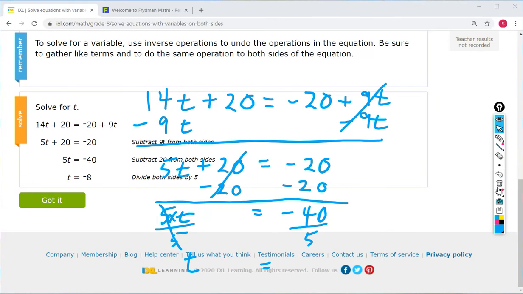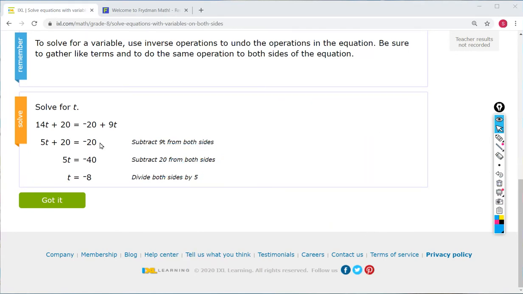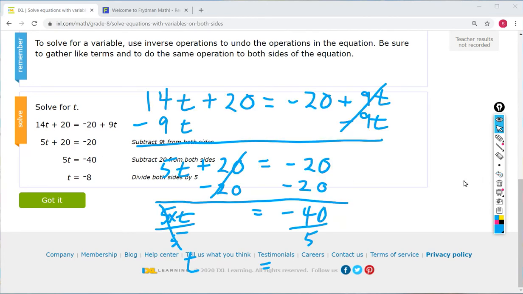And then to get from here to here, they subtracted 20 from both sides. So that canceled it out over here, and then they got negative 40. That's the same thing that we did over here. So they're just writing things in a different way.